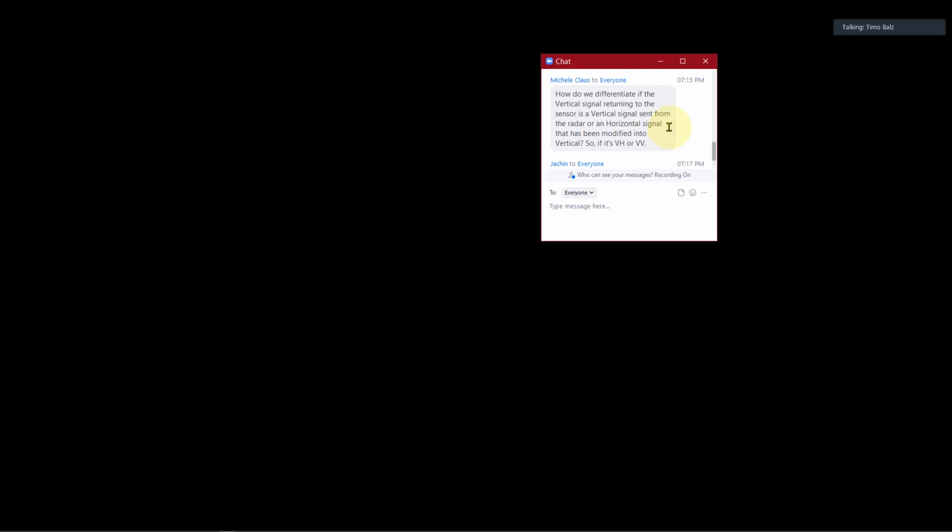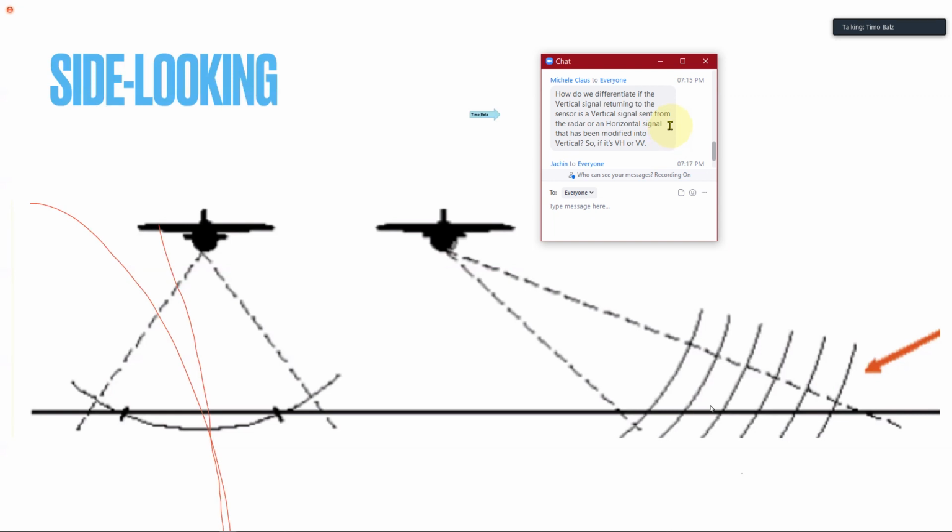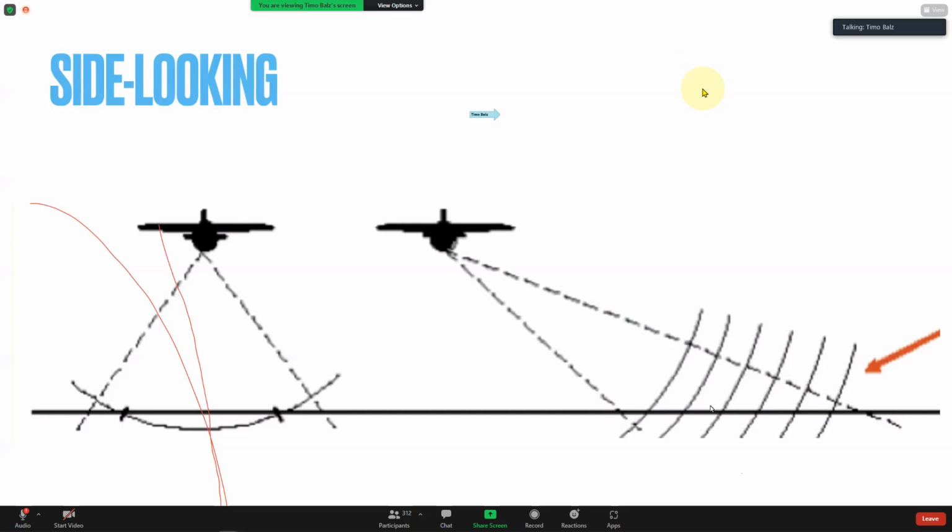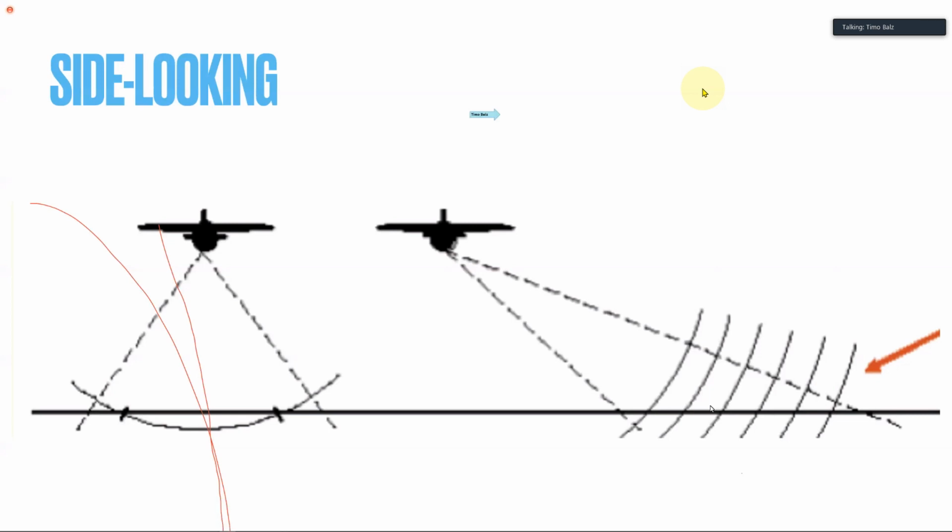When you're looking down, you cannot separate the left side from the right side because you have such a huge beam, right? It is not anything like a laser system, for example, where you would have a rather small footprint and you would scan along.